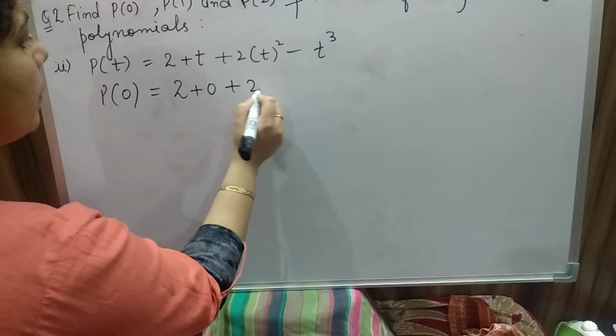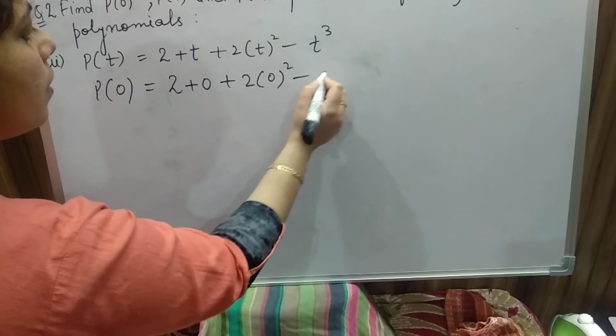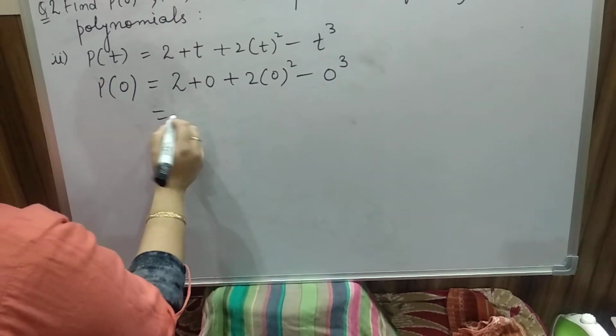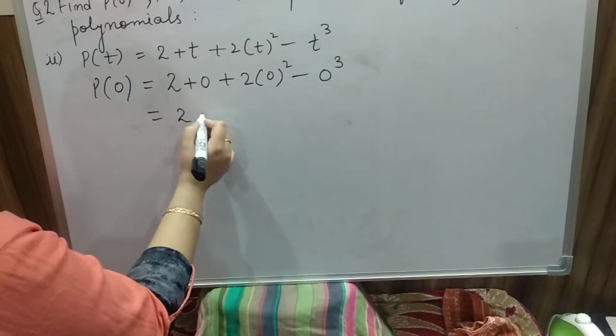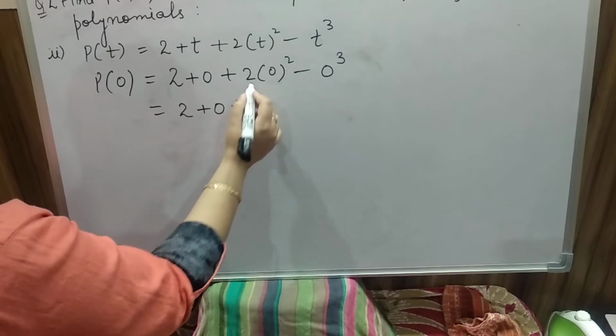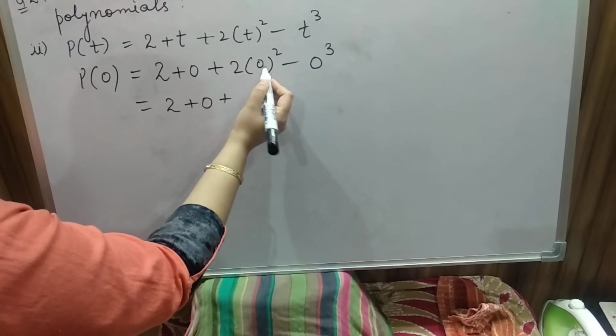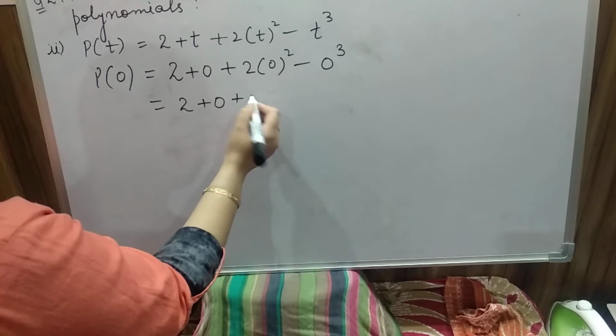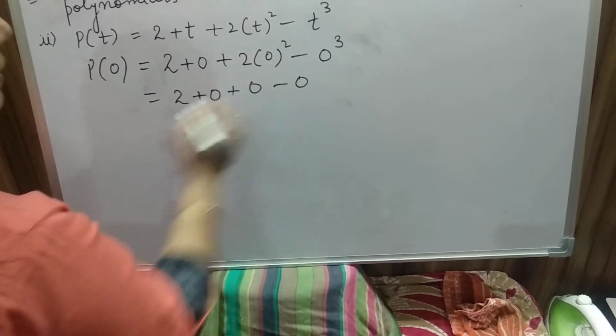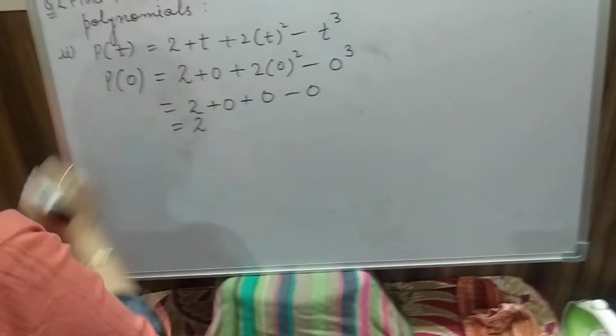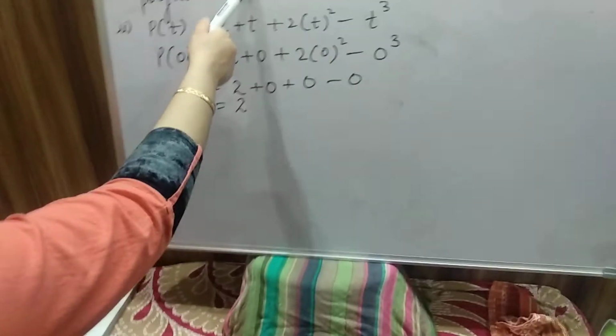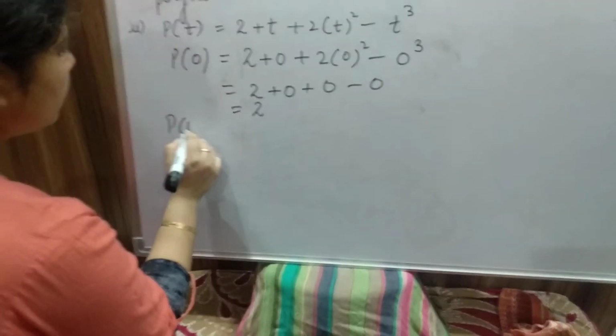2 plus 0 plus 2 into 0 square minus 0 cube, which is equal to 2 plus 0, and 2 multiplied by 0, and 0 multiplied by any number is again 0, minus 0 cube is again 0. So this is equal to 2. Now next we have to find p(1). Very simple.